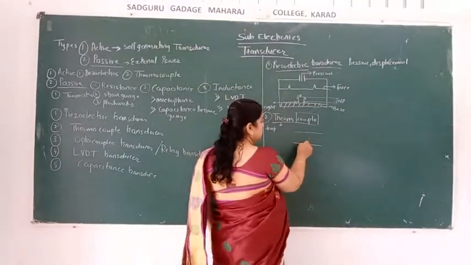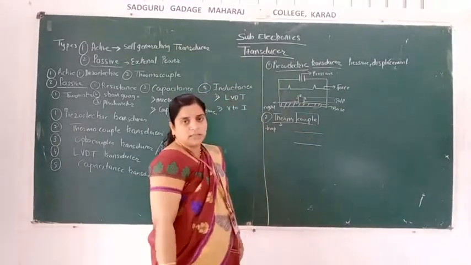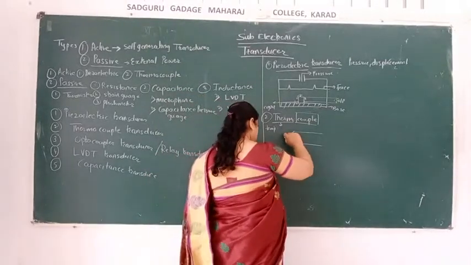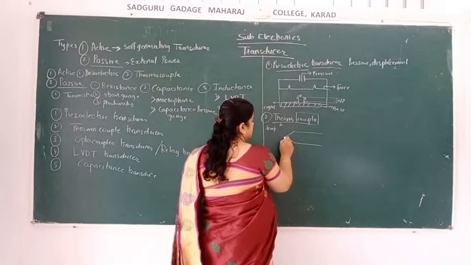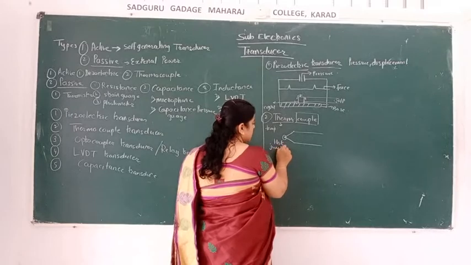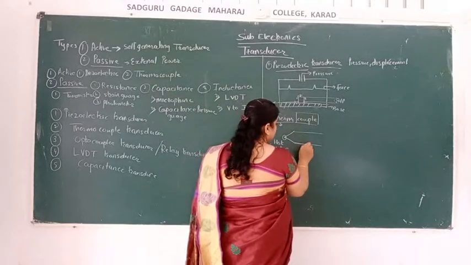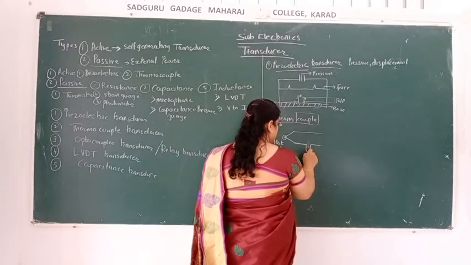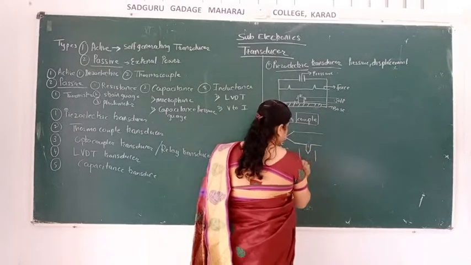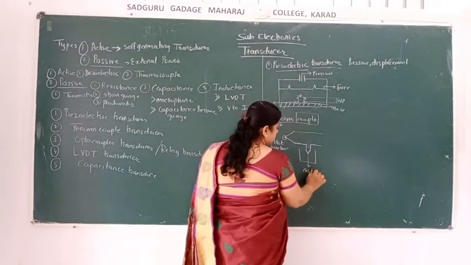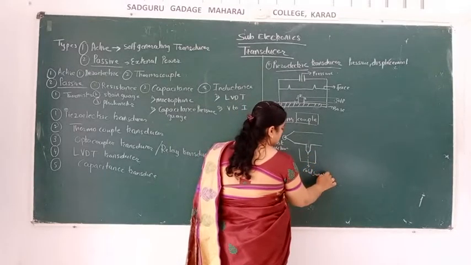If two dissimilar metal wires are connected to each other like this, here it forms a junction. That junction is called the hot junction. Then it is connected with another junction that is called the cold junction.